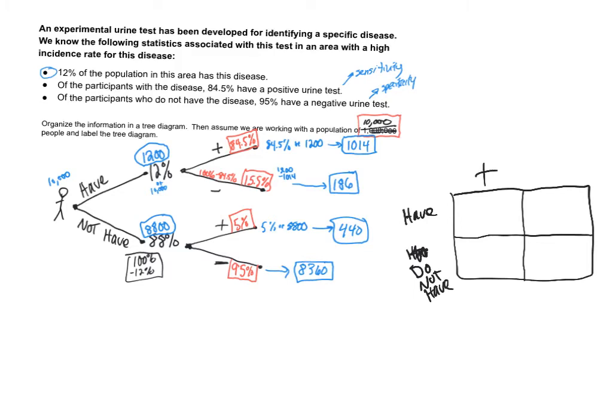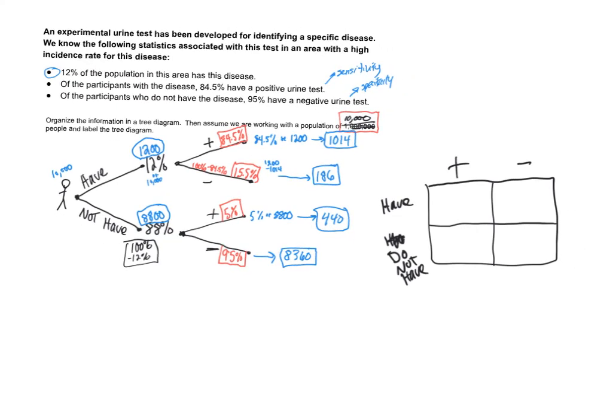Some of them are going to test positive, some are going to test negative. We practiced this last week. The total number of people in this case is 10,000. We saw that 12% of them would have the disease, so this is the 1,200. This row here, have the disease, is a total of 1,200, meaning there's 8,800 here.